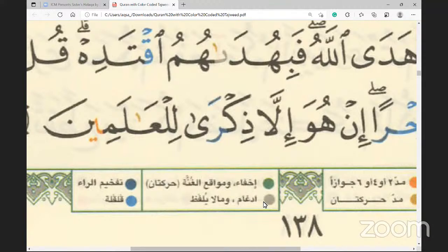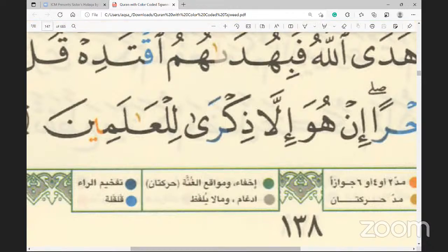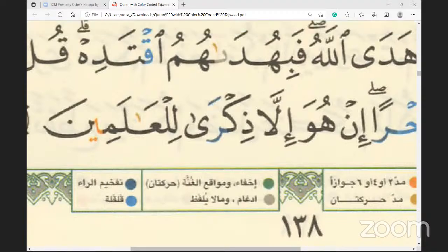The gray colored are really going to be either in letters that you shouldn't be pronouncing, or it's going to be in the an, un, in, or a noon with a sukoon. So maybe we can just demonstrate those and write them. When we're looking at the gray, it's either going to be in any letter, so just keep that as a question mark, or it can be in the an, the un, the in, or the noon that has a sukoon.